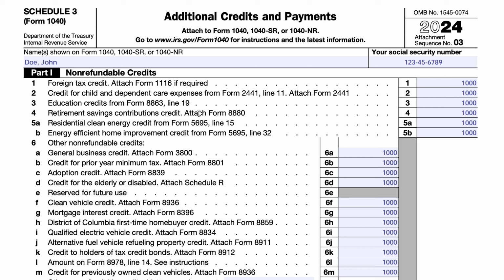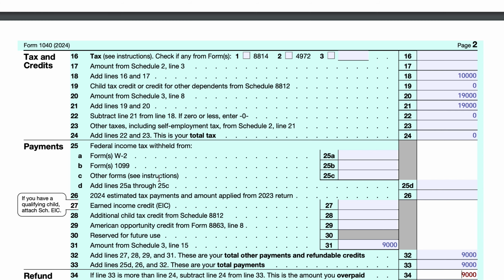Line 3, education credits from IRS Form 8863. So education credits are mostly non-refundable. The lifetime learning credit is completely non-refundable. There is a portion of the American Opportunity Tax Credit, again, that is a refundable tax credit, and I believe that's right here, the line 8 amount, the refundable portion of the American Opportunity Credit.